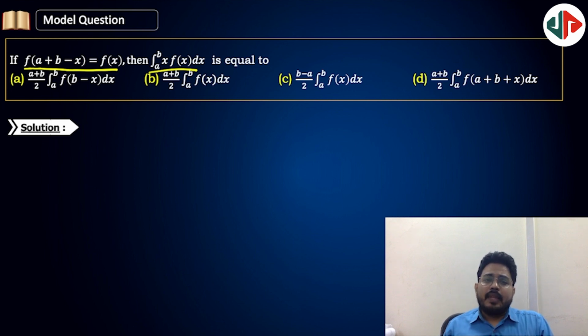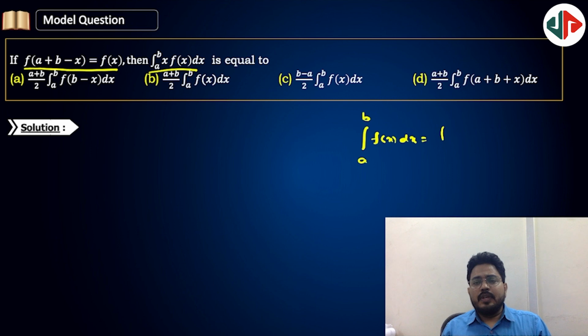So, we have a property: integral a to b f of x dx is equal to integral a to b f of a plus b minus x dx.